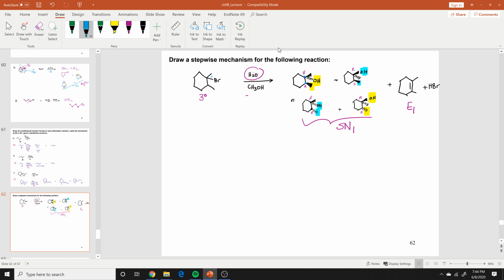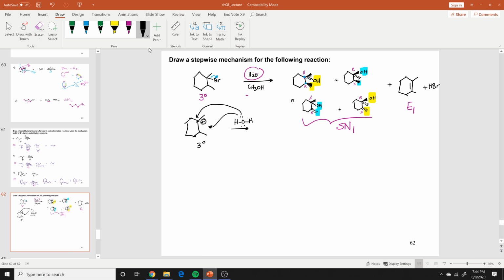So bromine is going to leave. I am going to end up getting my carbocation. Carbocation already is tertiary, so I'm not doing anything in here. I'm proceeding. Take water. Let's start with the SN1 first. So water is going to attack, and when water attacks, water is going to attack either from the left or from the right or top or behind.